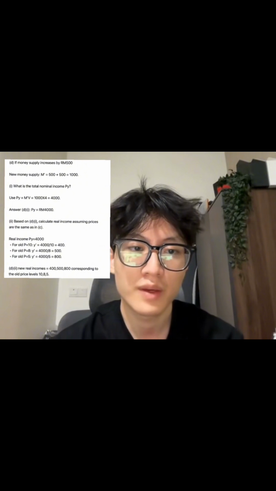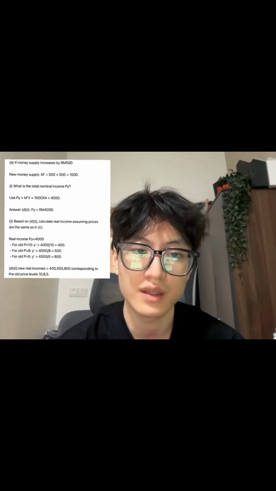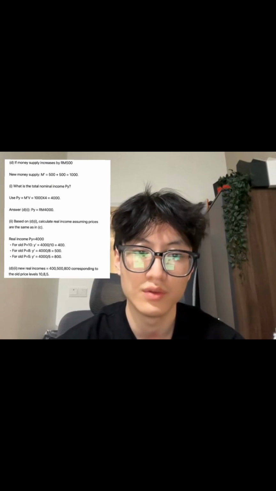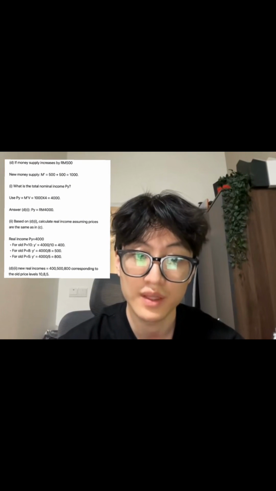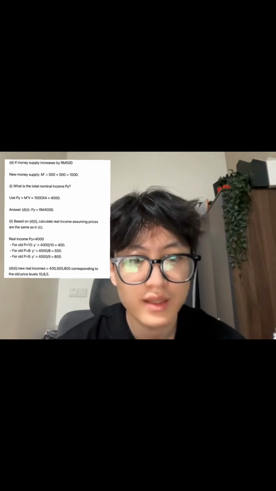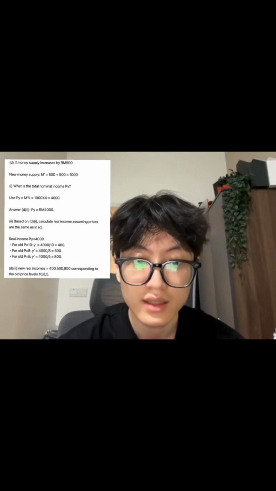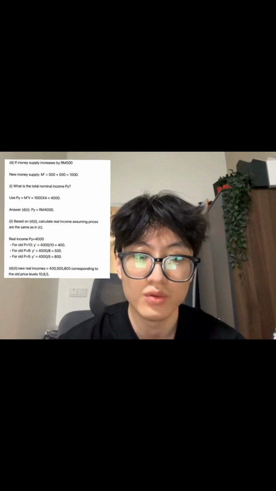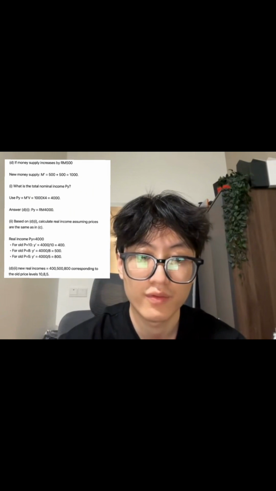Okay, now when the money supply increases from 500 to 1,000, the new MV equals 1,000 times 4, which equals 4,000. So total nominal income PY equals 4,000. If the price remains the same as before, so P equals 10, Y equals 4,000 over 10, which is 400.